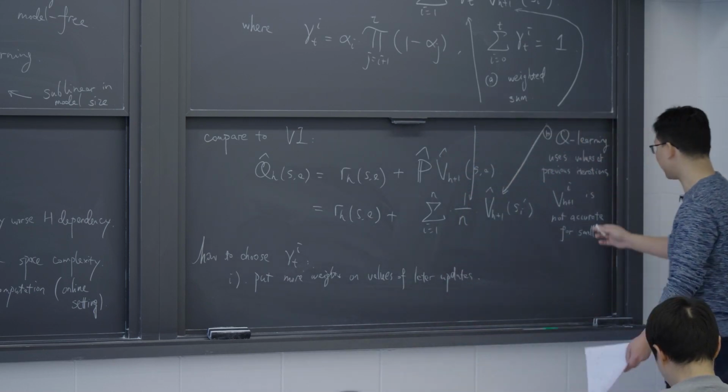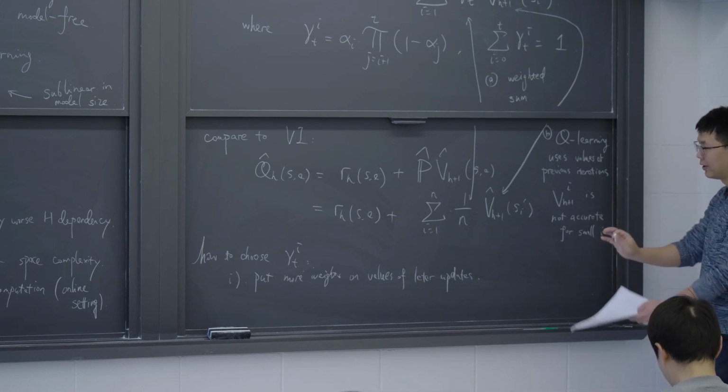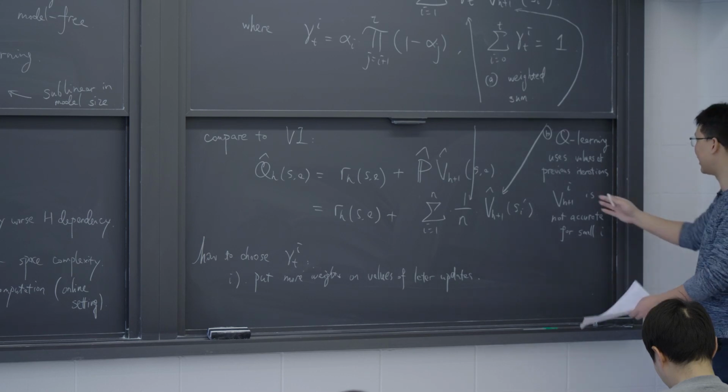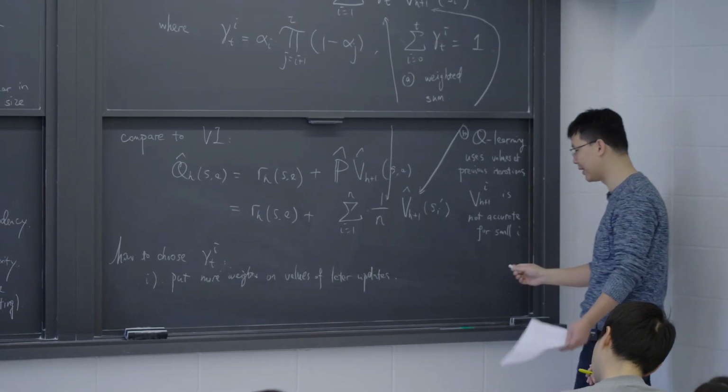This is because, as we said, the V_{h+1}^i is not very accurate for small i. So we essentially want gamma to put more weights on the values at later iterations, so as to reduce the bias.